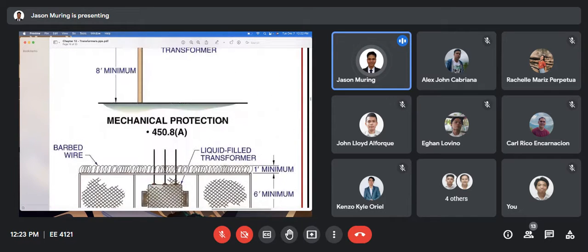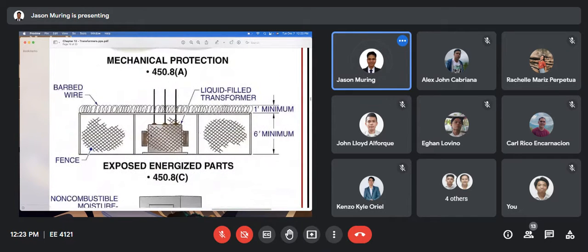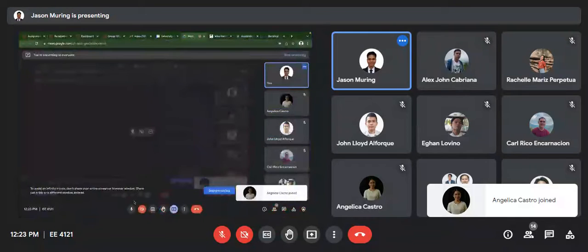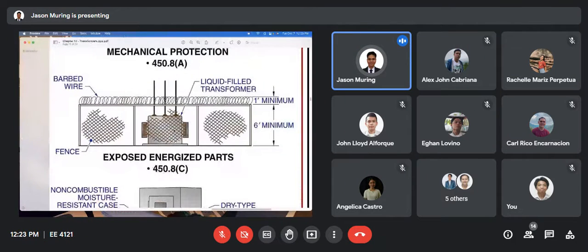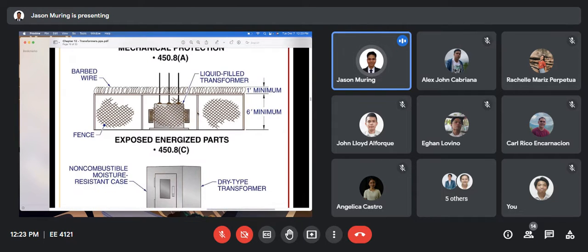Even if there is no leakage through the fence, we still need to provide a warning sign here. Especially for high voltage, keep out. We should do that because that is required by the code also.